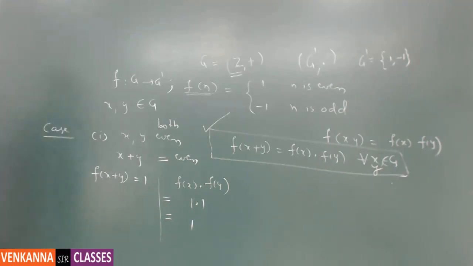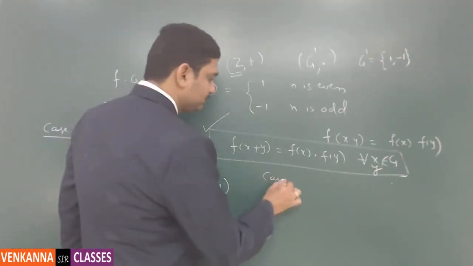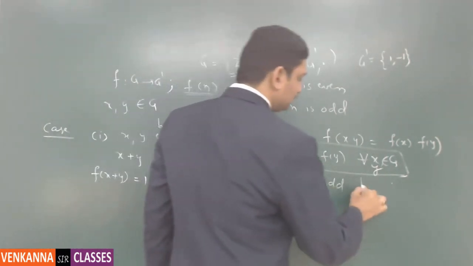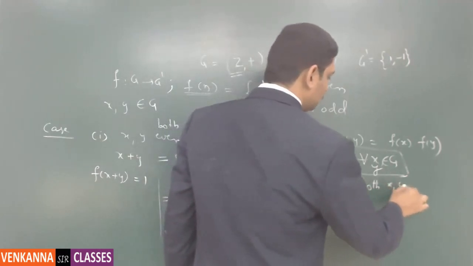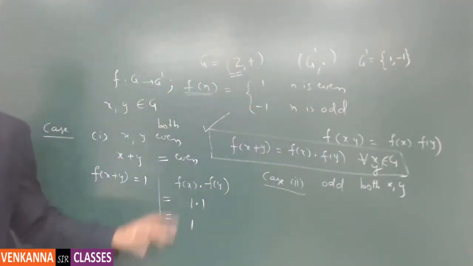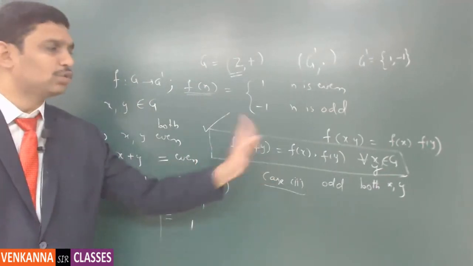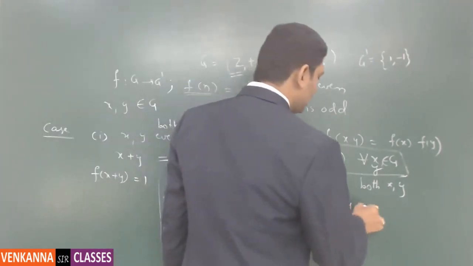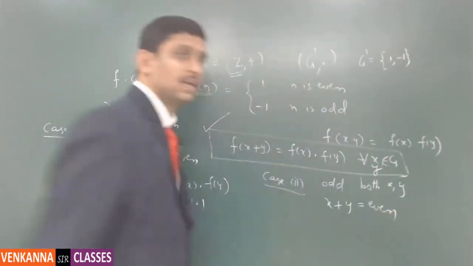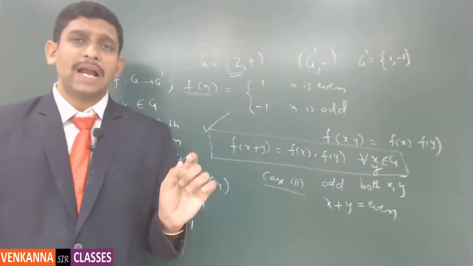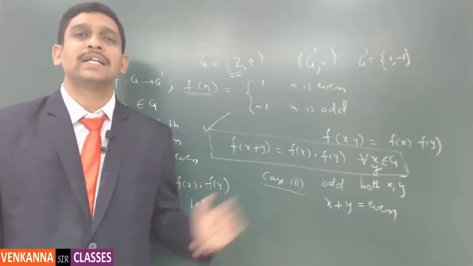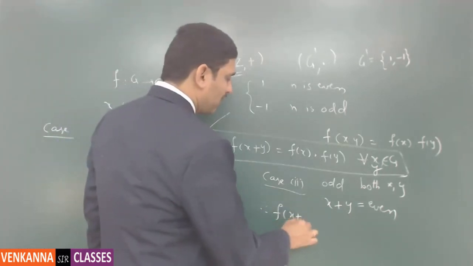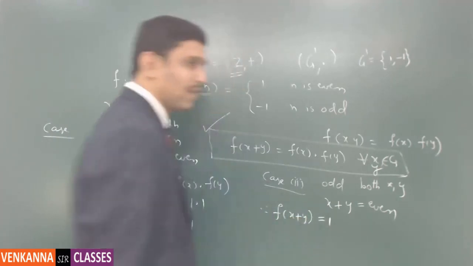Now, take the second case, that both values are odd. So I have taken in the domain two values x and y and both are odd. Then in that case, x + y is nothing but even, because whenever you add two odd integers, the result is an even integer. Therefore, if you consider f(x + y), its value is nothing but 1.